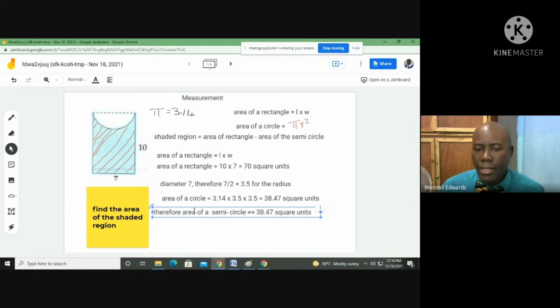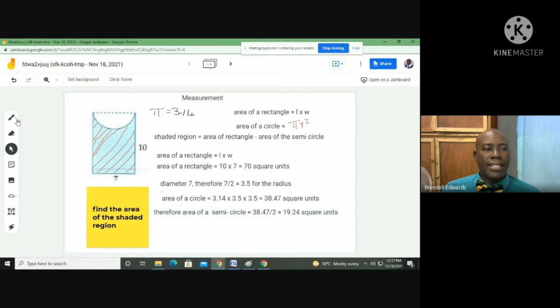So we're going to divide it by 2. 38.47 divided by 2, and we'll get our answer for that part. All right, so the final thing is 19.24 square units. So this is now the semicircle.